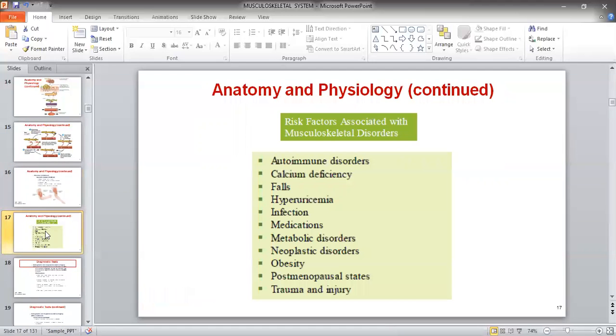So now here showing some of the risk factor associated with the musculoskeletal disorder. So here, what are the risk factor impaired our musculoskeletal system? Most threat or dangerous is the autoimmune disorder. So in this system, we are going to talk about some autoimmune problem.